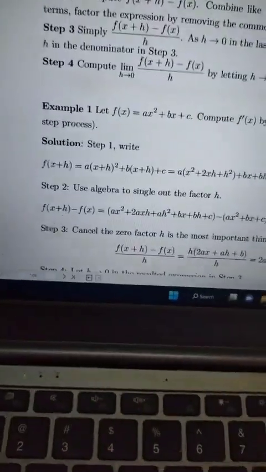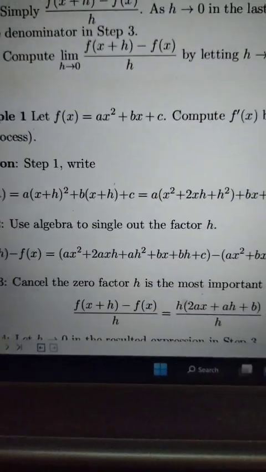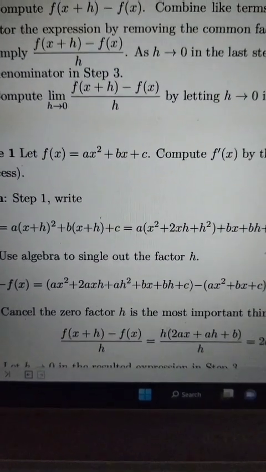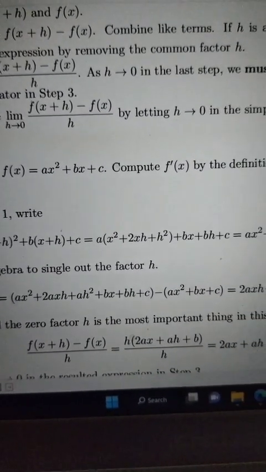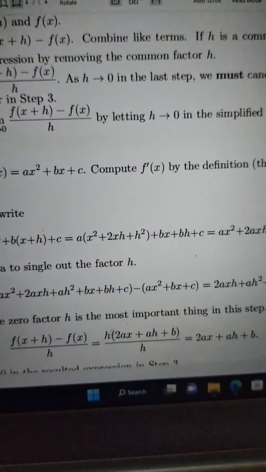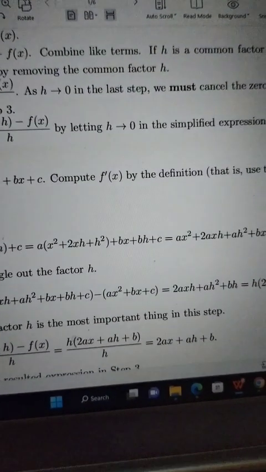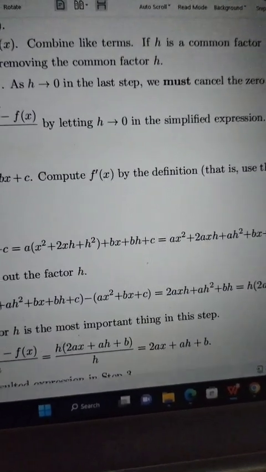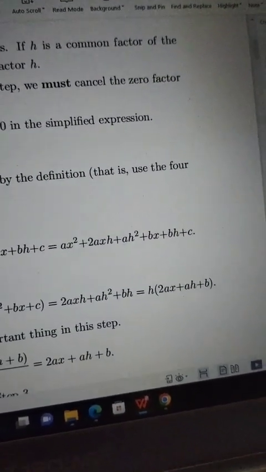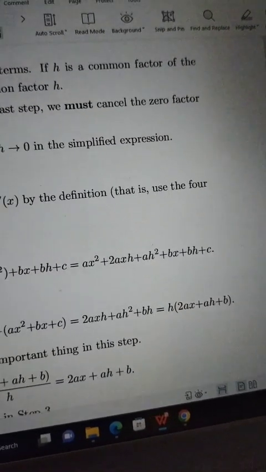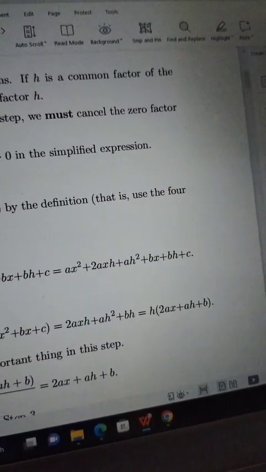Step 1, write f(x + h) equals a(x + h) squared plus b(x + h) plus c, equals a(x squared plus 2xh plus h squared) plus bx plus bh plus c, equals ax squared plus 2axh plus ah squared plus bx plus bh plus c.